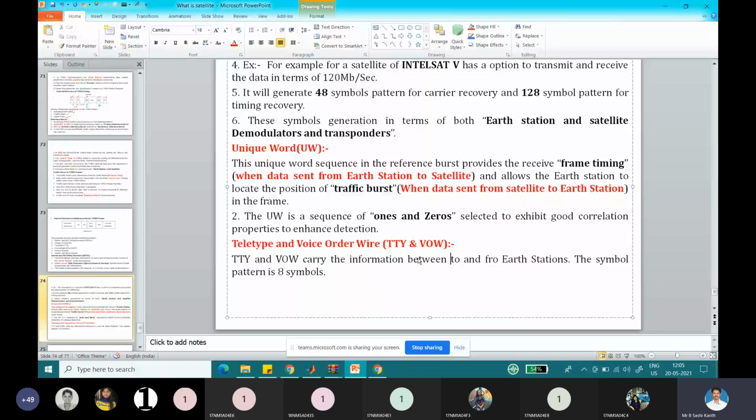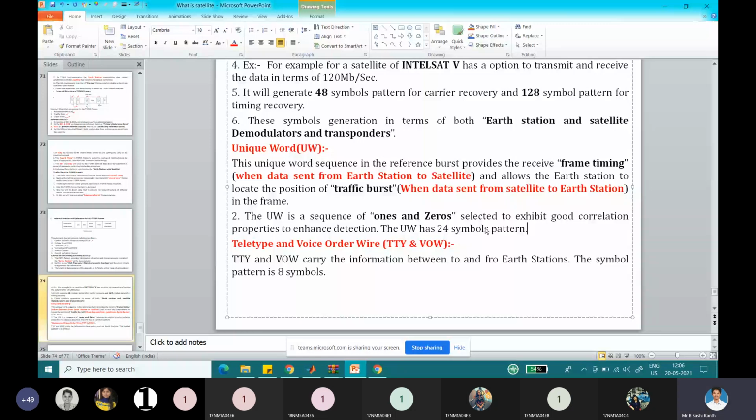And also another thing, the unique word has a 24 symbol pattern, which has been shown.